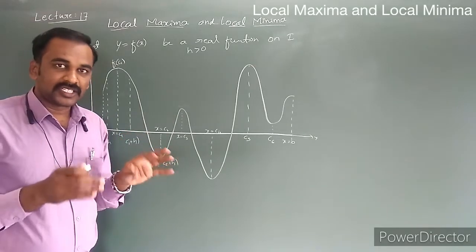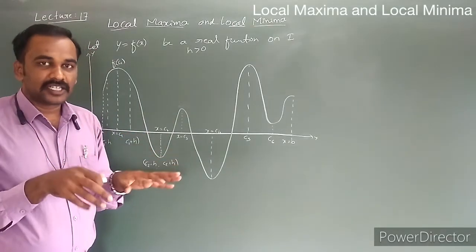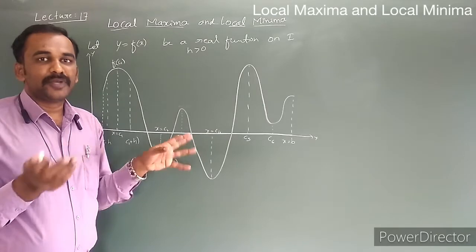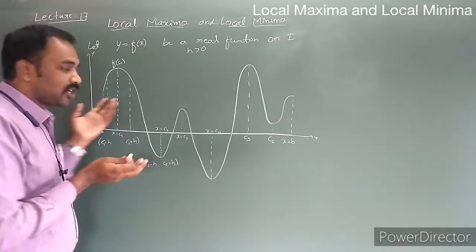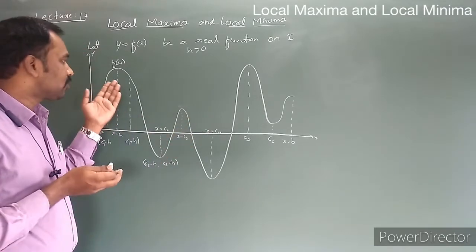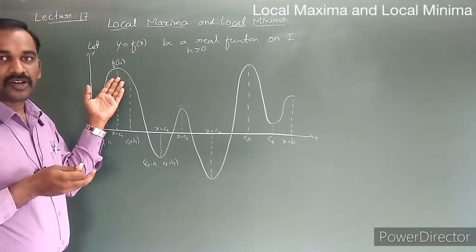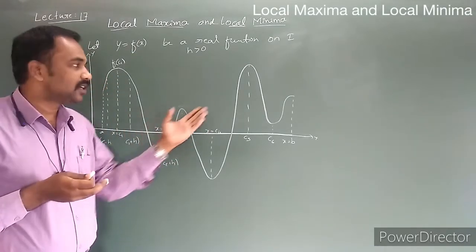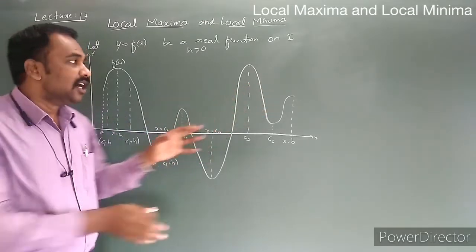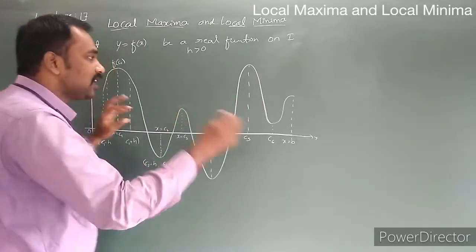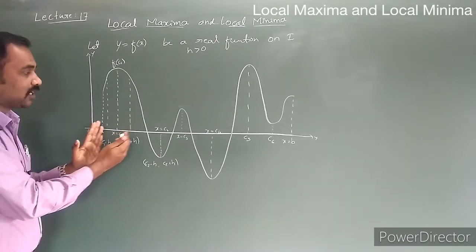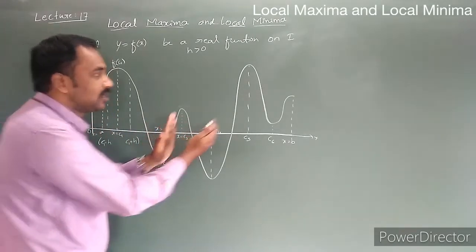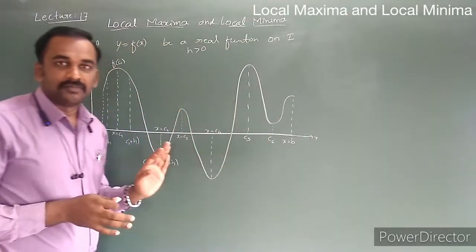Are you clear? For example, once again, in our district there are so many colleges, and so many toppers might be there. This is one college topper, this is another college topper, this is the third college topper, like that. Out of the different colleges, I am choosing the particular first college topper, second college topper, third college topper.